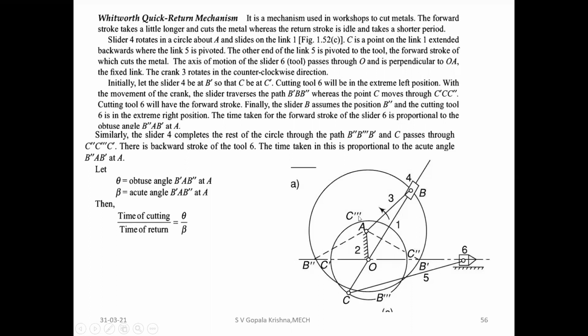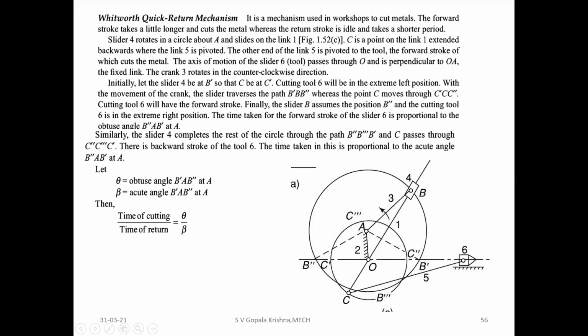Those are the different positions it may achieve. B also achieves different positions, but it takes only some of them. That is why B double dash is here and B dash is here.